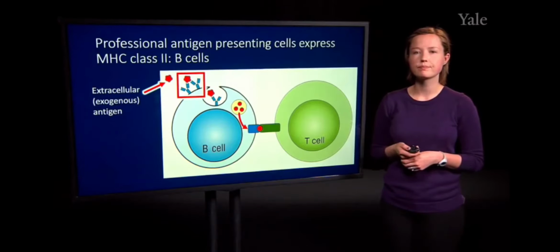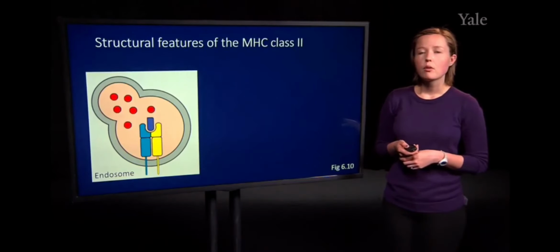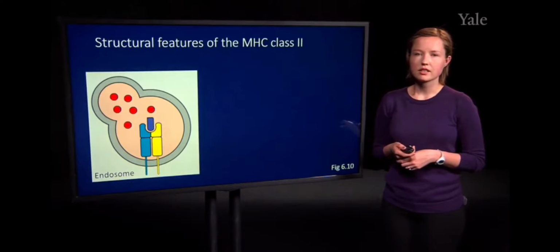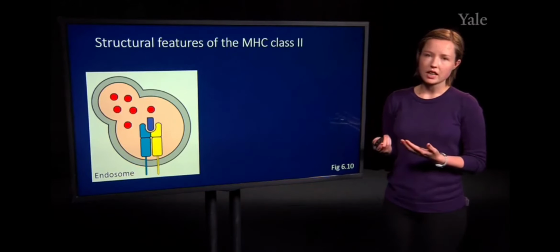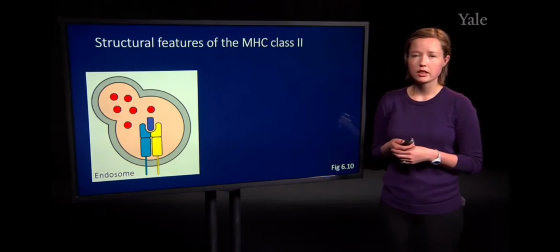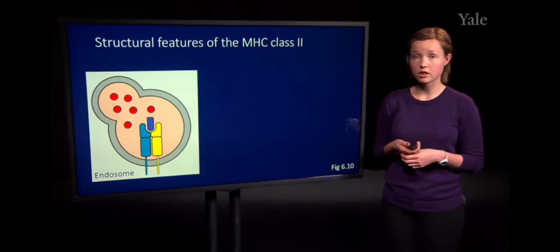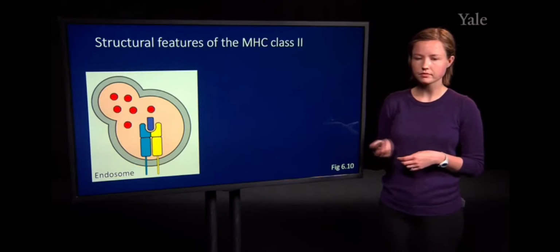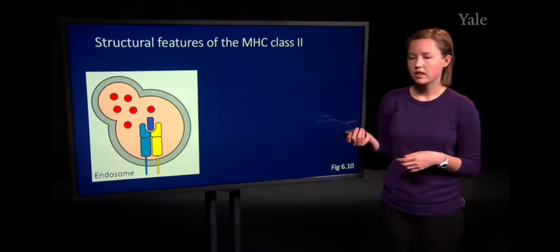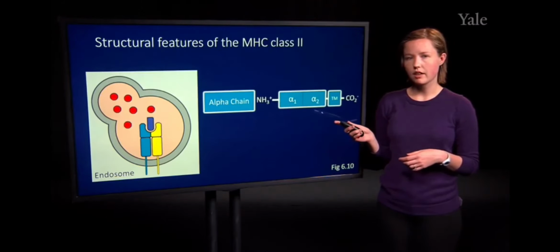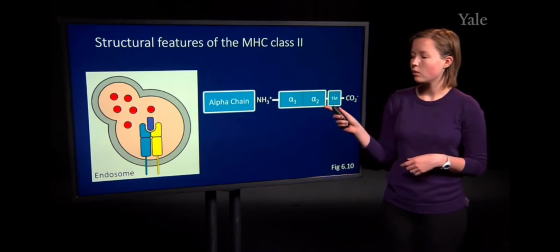Before we get into the process of antigen presentation on MHC class 2, like we did for MHC class 1, let's go through some of the structural features of MHC class 2. So here we can see that MHC class 2 consists of an alpha chain, which has an alpha 1 and an alpha 2 domain, as well as a transmembrane domain.